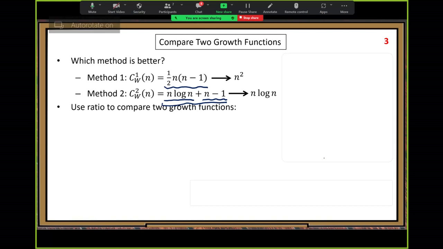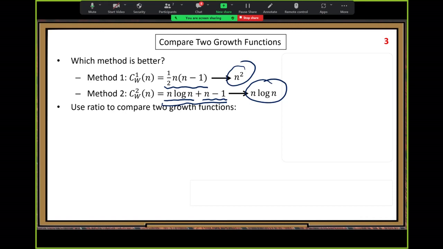Now we need to compare these two growth functions, one n squared, another n log n. Which one grows faster? Which algorithm is faster? All right. To do the comparison, we use the way we did in the previous slide.